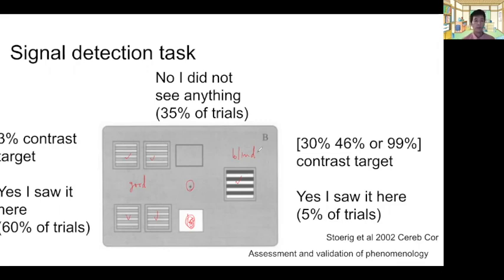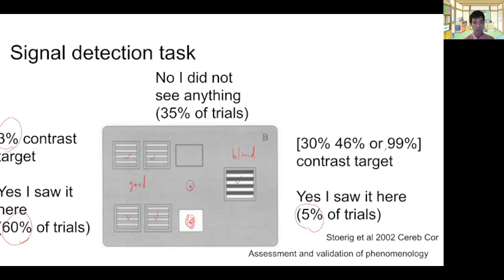And note that the majority of the trials, 60% plus 5%, are the trials where the target is present in one location. If it's presented in this good field, it was very low contrast. It's faintly seen, and the subject needed to locate where it was.